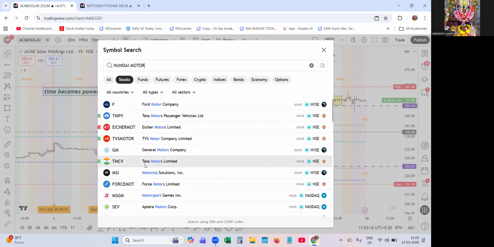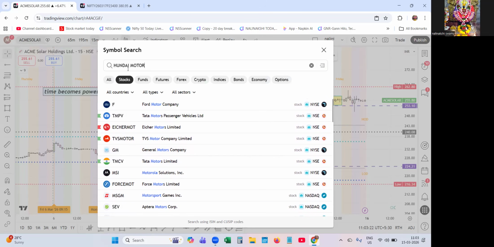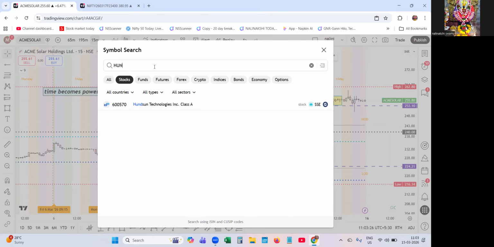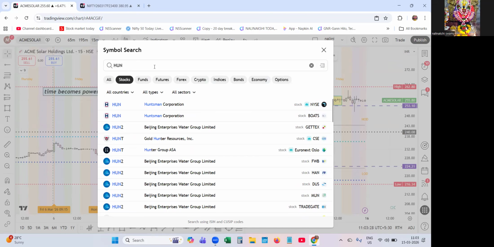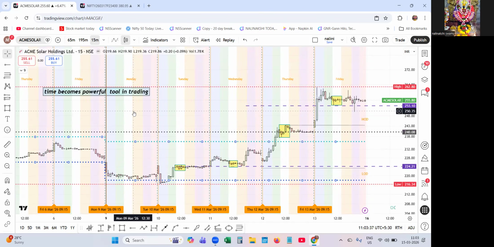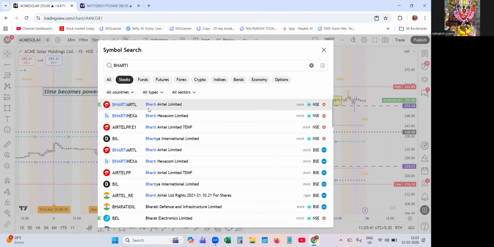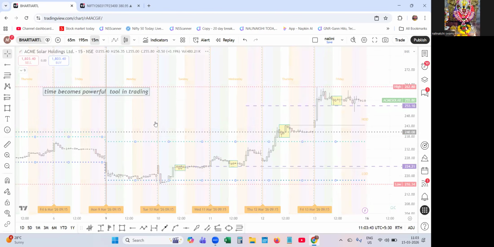I'm not getting that. Okay, you can see in the Acme Solar and even Bharti Airtel. Bharti Airtel, you can track it. It becomes easy for you people.